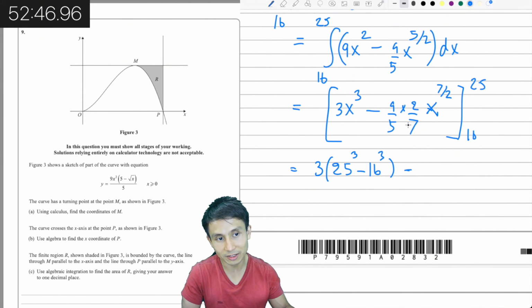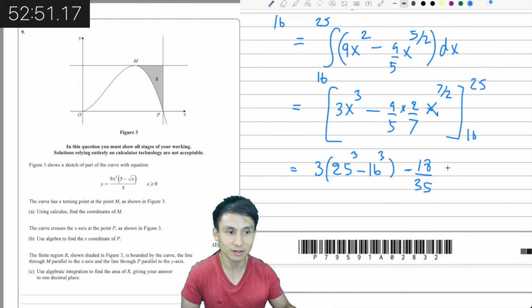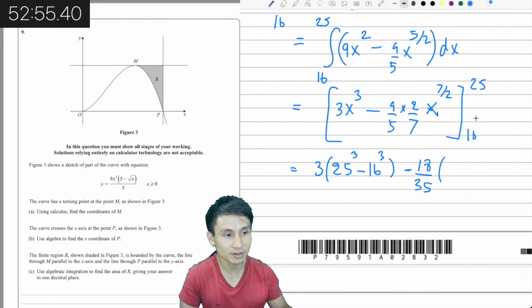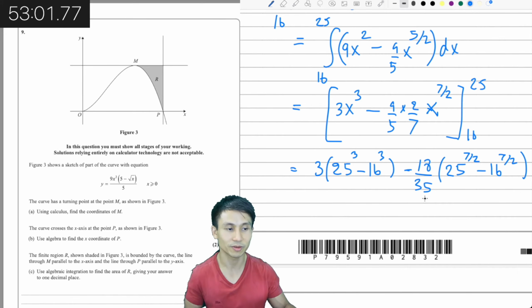And simplifying this, what do we get? 18 over 35. That's quite a fraction. And then this is 25 to the 7 over 2 minus 16 to the 7 over 2.